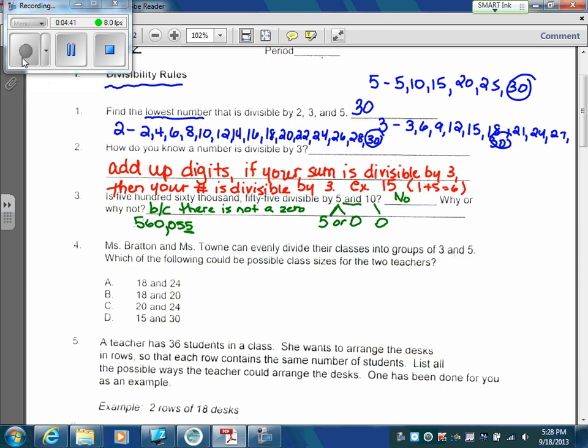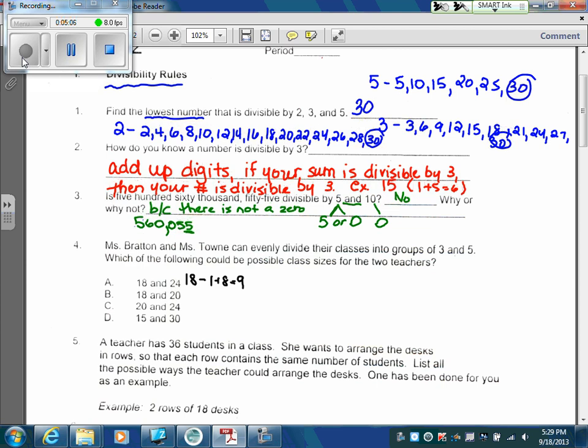Okay, number 4, Miss Bratton and Miss Town can evenly divide their classes into groups of 3 and 5. Which of the following could be a possible class size for the 2 teachers? Well, a divisibility, if I look at these, let's just look at 18. 18 is, if I do 1 plus 8, that equals 9.